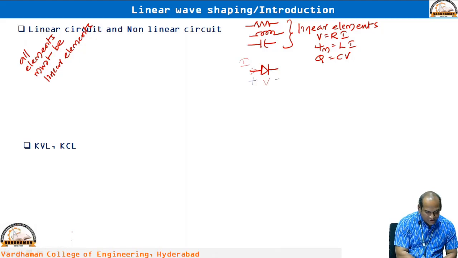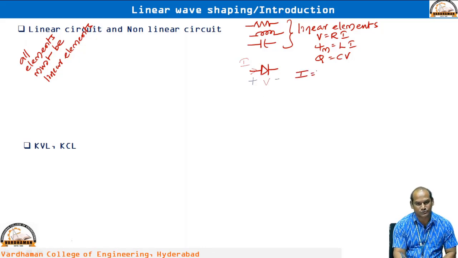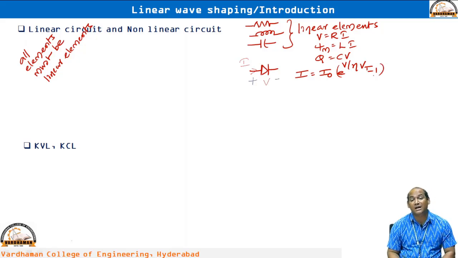The relation between this voltage and current is generally given by the diode current equation, that is I is equal to I naught into e power V by eta Vt, minus 1. Using this equation itself we can tell the diode is a non-linear element, because if one element or system is linear, then it has to follow the superposition principle. But if you observe here, the voltage and current relationship is exponential, it is not linear.